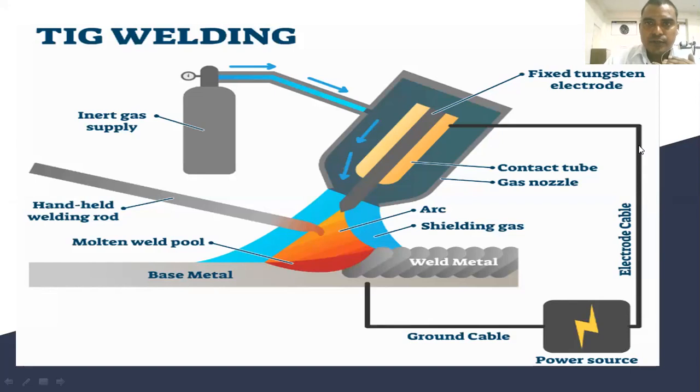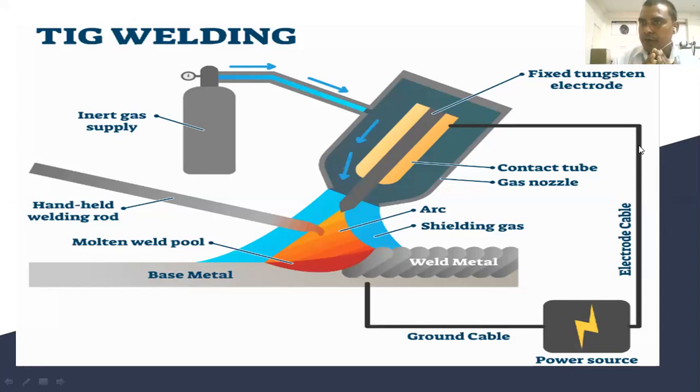We use a non-consumable tungsten electrode, which is mounted in a specific electrode holder, and the welding operation is done by striking an arc between the workpiece and the tungsten electrode.